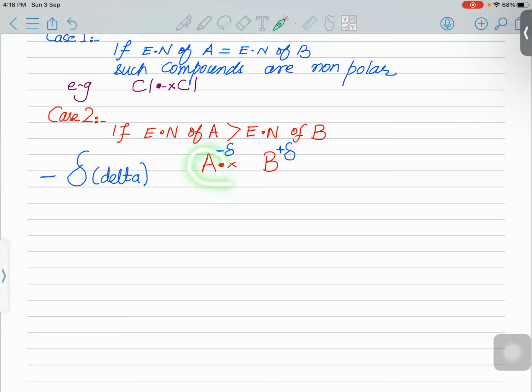A has more electronegativity, so the bond pair is attracted towards A. Due to transfer of electron towards A, it gets a small negative charge, indicated by negative delta. Now electron moves away from B, that's why B contains positive delta charge. Such compounds are called polar covalent compounds.